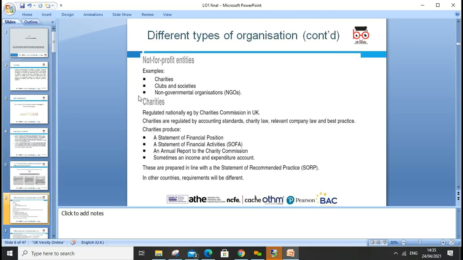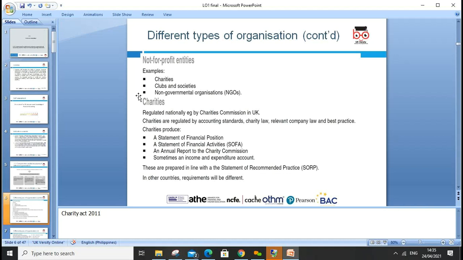That's the key. Then the not-for-profit entities: charities, clubs, societies, non-governmental organizations, NGOs. Charities are registered with the Charity Commission under the Charities Act 2011.